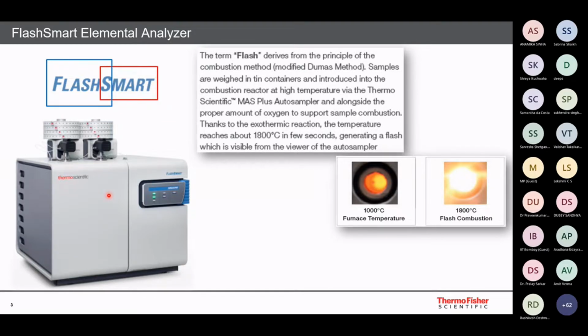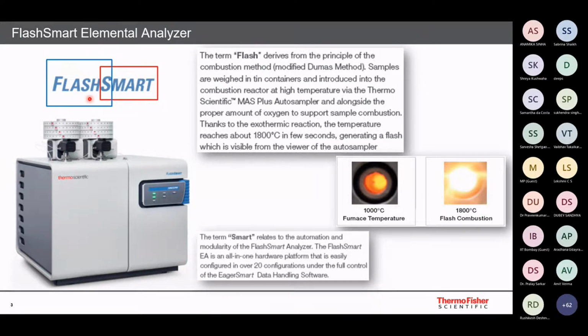When we insert the sample, we introduce the sample as well as oxygen for complete combustion. For a moment the temperature rises up to 1800 degrees centigrade. At 1800 degrees the sample is combusted completely and converted into gases. That moment is observed as a flash, so that is called the flash.